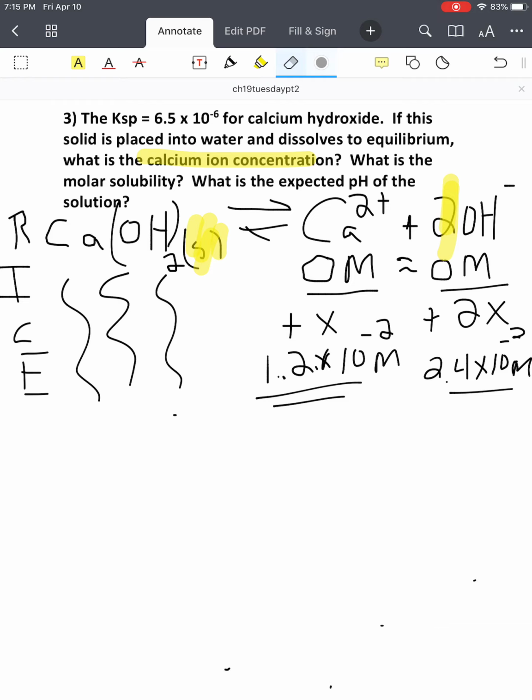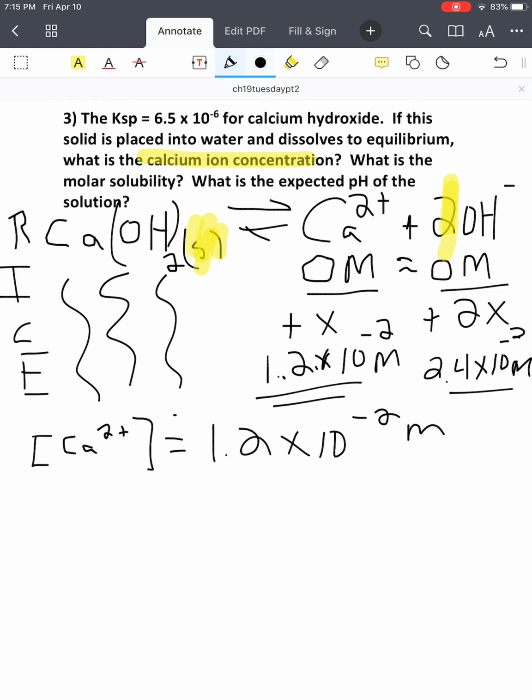So let's go back and see if we can start answering the questions that we were posed. We wanted to know, what is the calcium ion concentration? That's pretty easy now. That's just equal to x, isn't it? 1.2 times 10 to the minus 2 mole per liter. We're also asked, what is the molar solubility of the compound, the calcium hydroxide?